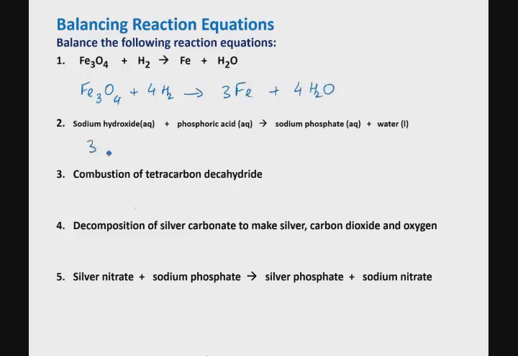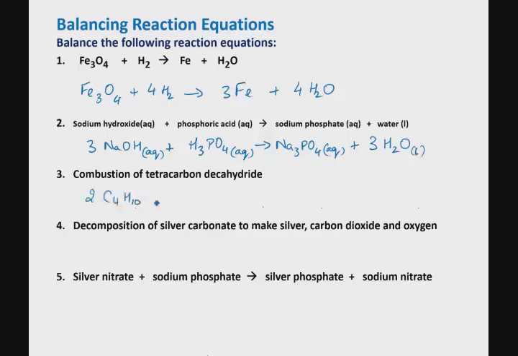Next one would be 3 sodium hydroxide aqueous plus phosphoric acid aqueous gives us sodium phosphate and 3H2O liquid. 2C4H10 plus 13O2 gives us 8CO2 plus 10H2O.